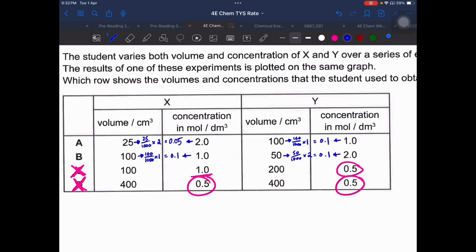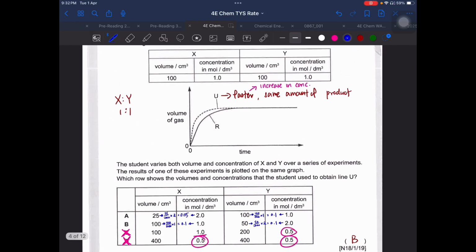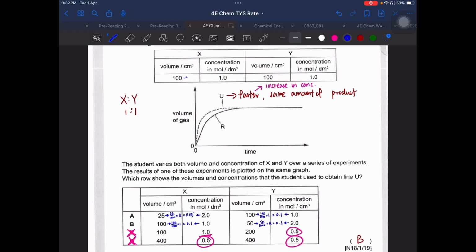Now you take this and compare back to the original reaction, which is the one that gives you graph R. For graph R to happen, the X here was 100 cm cube times 1, sorry, 0.1 mole. Same over here, 100 cm cube times 1, which is 0.1 mole.